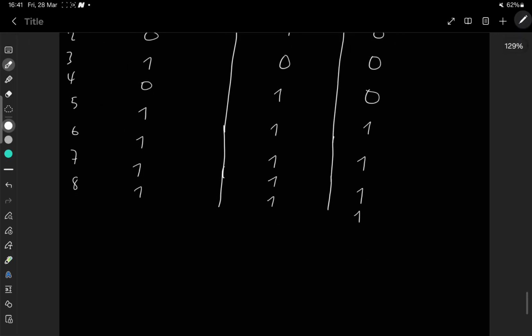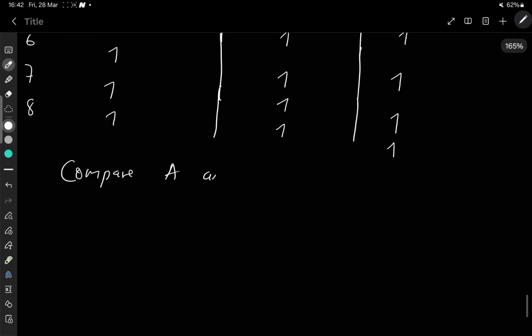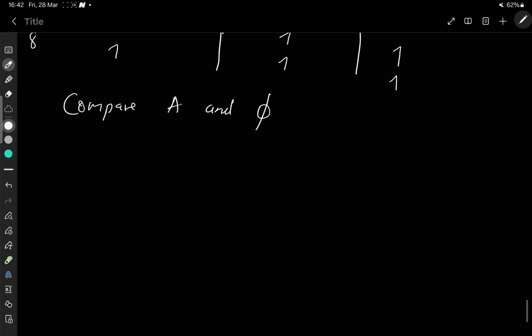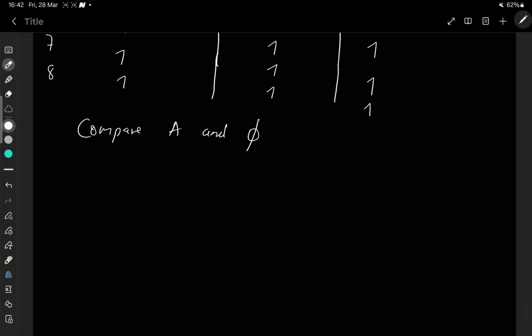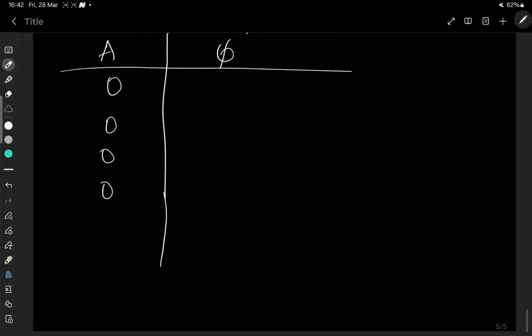Then here is true, true, true, and true. So now we want to compare A and phi. The initial value of A was 0, 0, 0, 0, 1, 1, 1, 1.